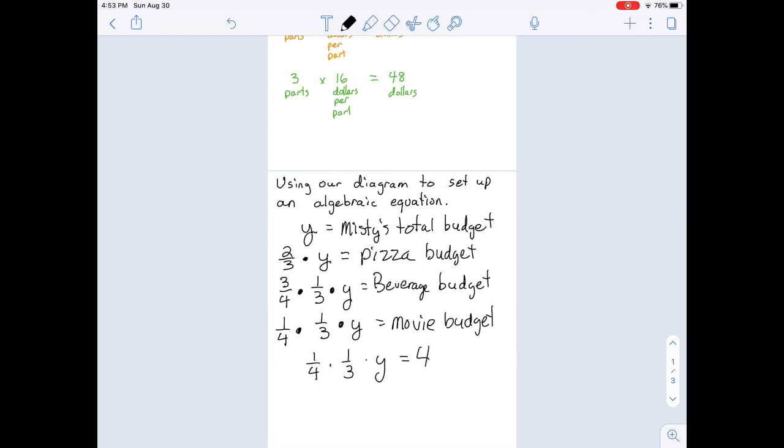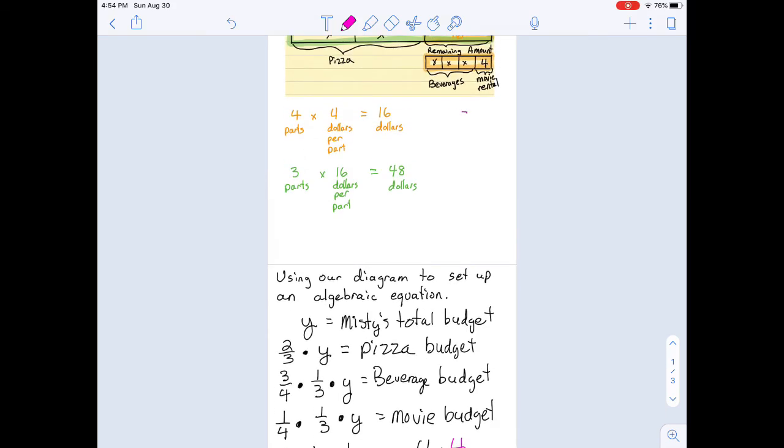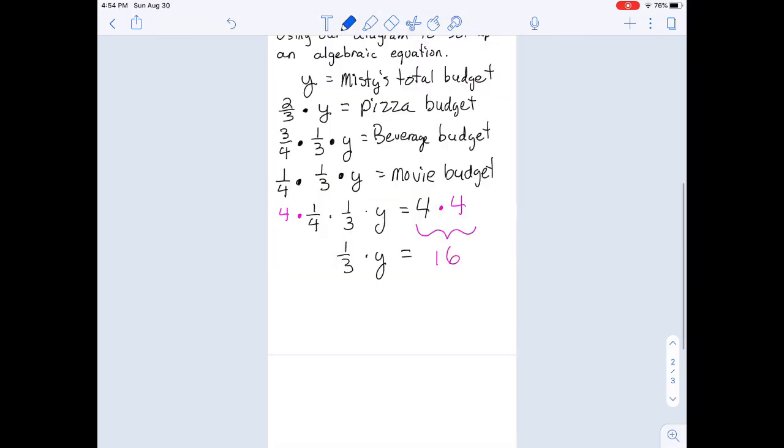I'm going to solve this in a particular way to show how it matches our previous work. The first thing that I'm going to do is multiply both sides of the equation times 4. So notice this 4 times 4 equals 16 matches our first step right here.